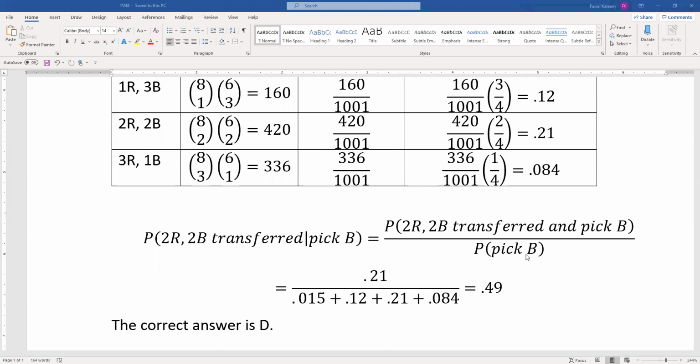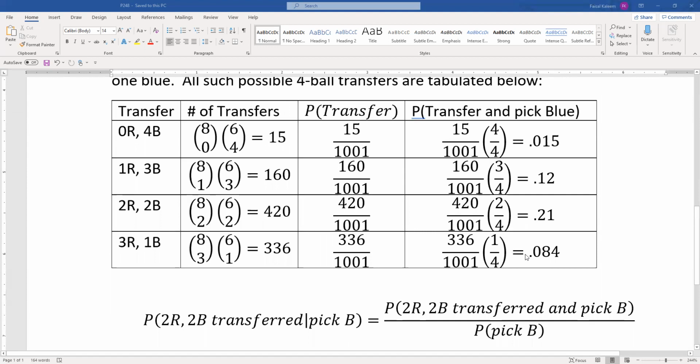So the pick blue here is the pick blue after the transfer. Similarly here, the pick blue is the pick blue after the transfer. So the probability of picking a blue after a transfer could be in this scenario where 0 red, 4 blue were transferred and then you picked a blue, or you could have 1 red, 3 blue transferred and then you picked a blue, and so on.